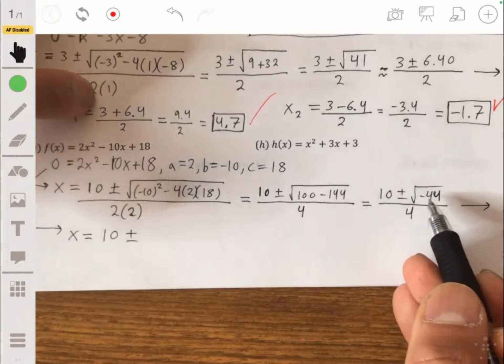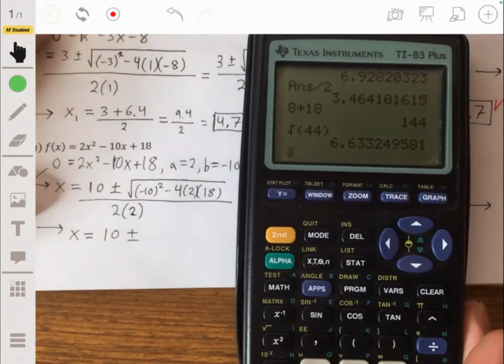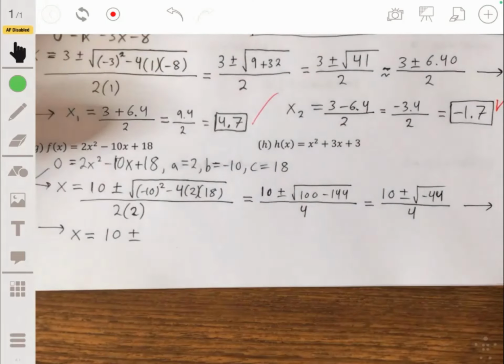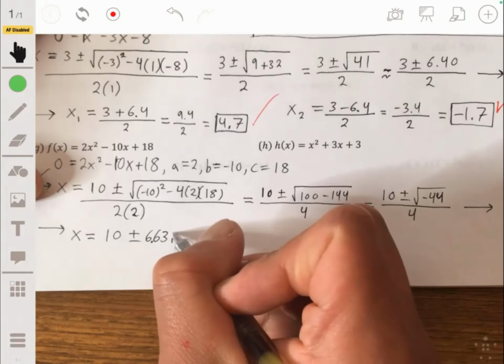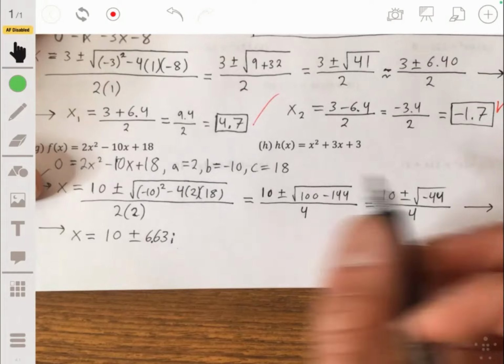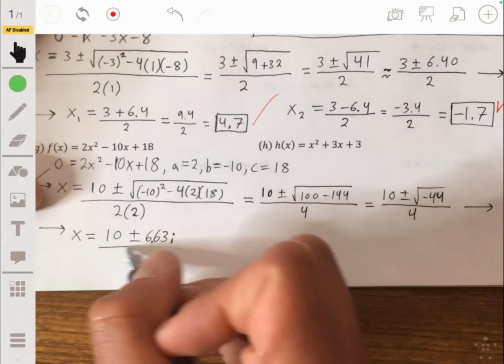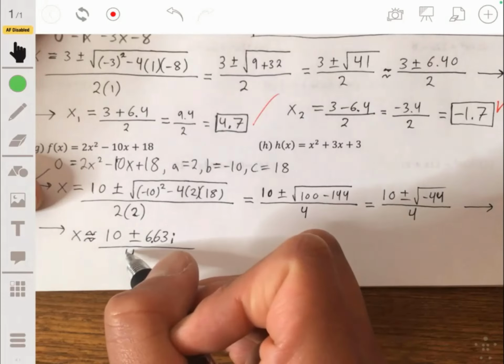So we'll take an approximation to the square root of 44. We'll get about 6.63. And since we're taking the square root of a negative number, it'll be 6.63i, approximately, all over 4.